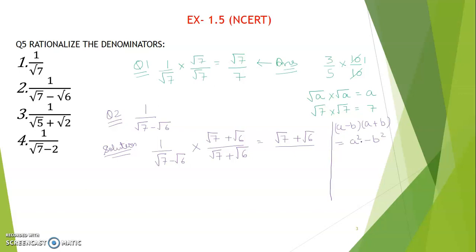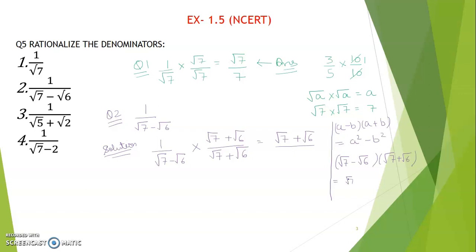So root 7 minus root 6 multiplied by root 7 plus root 6 is equal to a square.